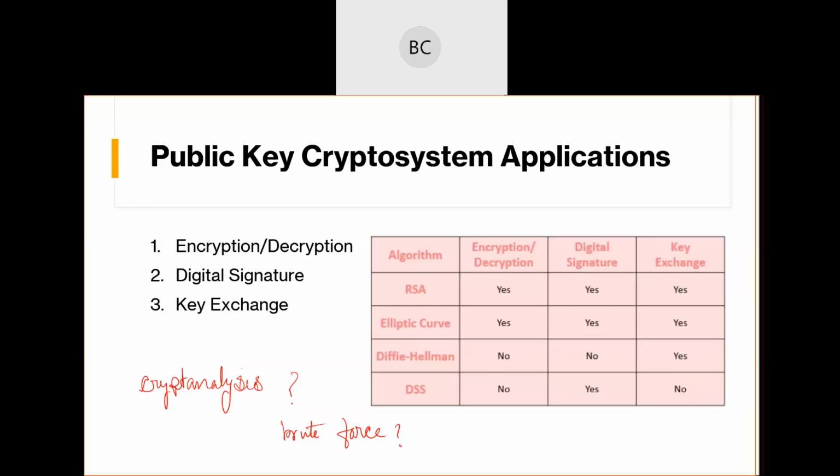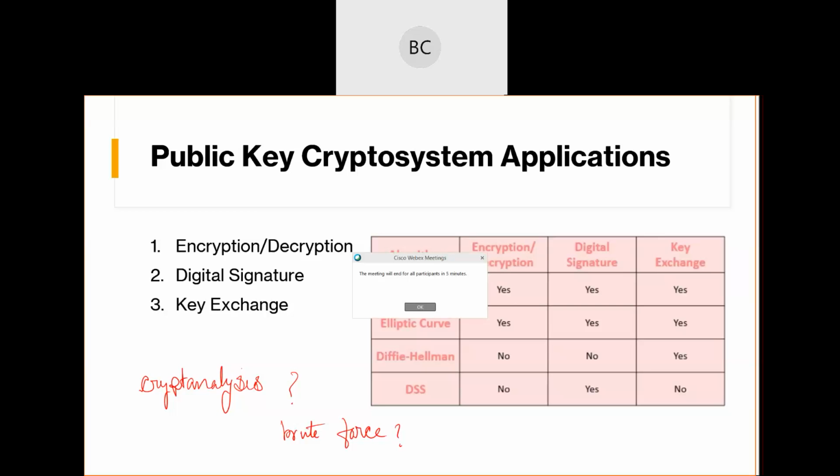Another type of attack in public key cryptography is that the adversary tries to compute the private key knowing the public key, because the public key is known to all. Sometimes the opponent just tries to learn the private key from the known public key. That's another kind of attack in public key encryption.